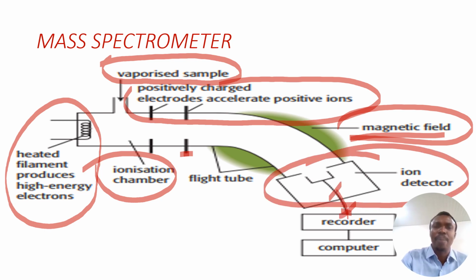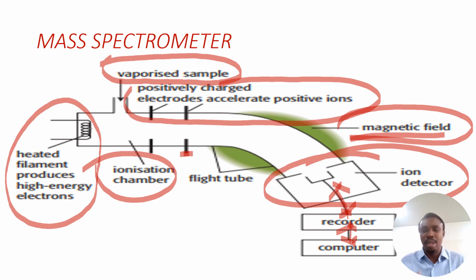From the recorder it gets to a computer, where it produces the mass spectrum, which will produce a graph of the relative abundance against the mass to charge ratio, or the relative abundance against the atomic masses of each of the isotopes, if it's an element, or the relative abundance of ions, if it's a compound or a molecule.